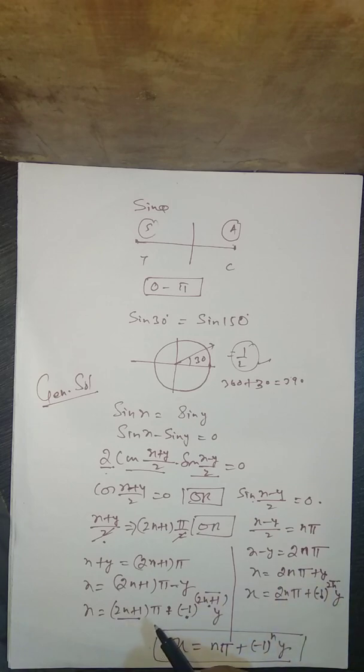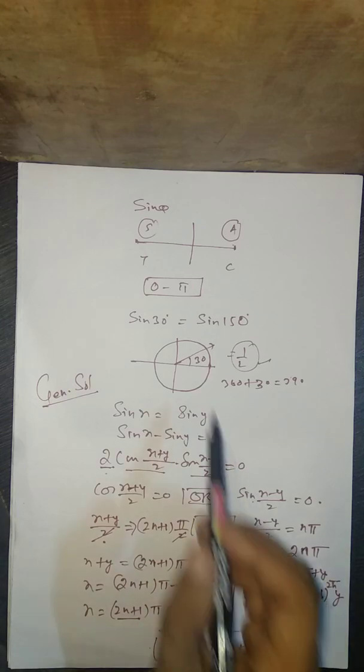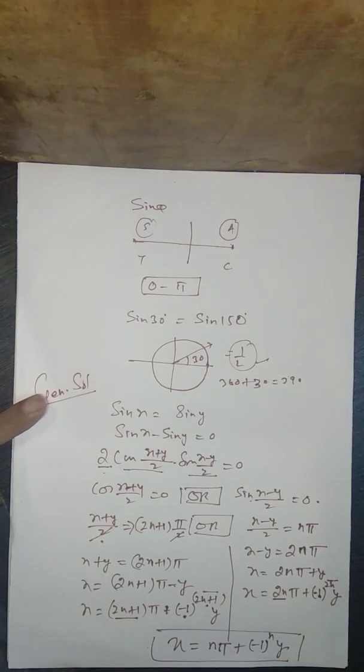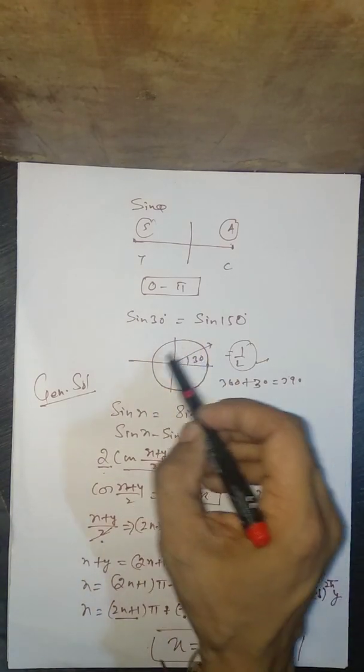If n is an even number, say 2n, then the sign becomes positive and we get 2 pi plus y, which means we are in the first quadrant. If we take n as an odd number, like 3, then 3 pi minus y, since the odd power always gives a negative answer, means 1 pi, 2 pi, 3 pi minus y.